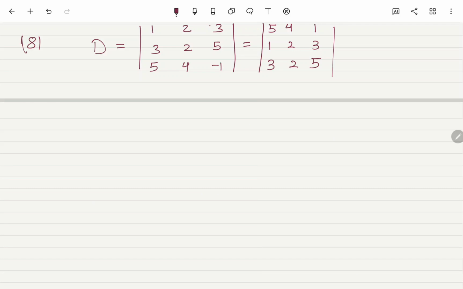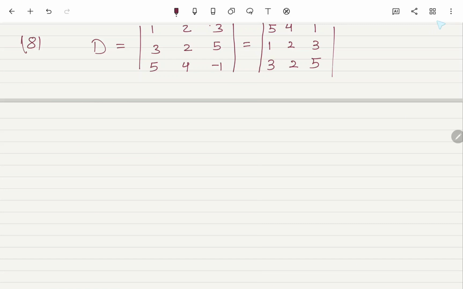Now, property number 9: if each element in a determinant of order n is a function of x, then the derivative of the determinant with respect to x is the sum of n determinants obtained from D by differentiating each row or column in turn.